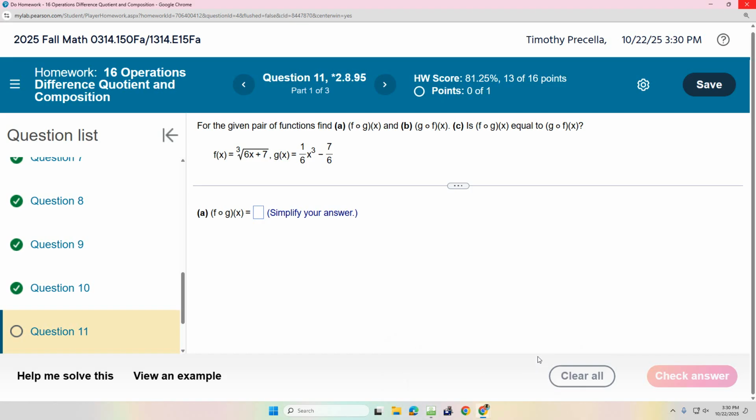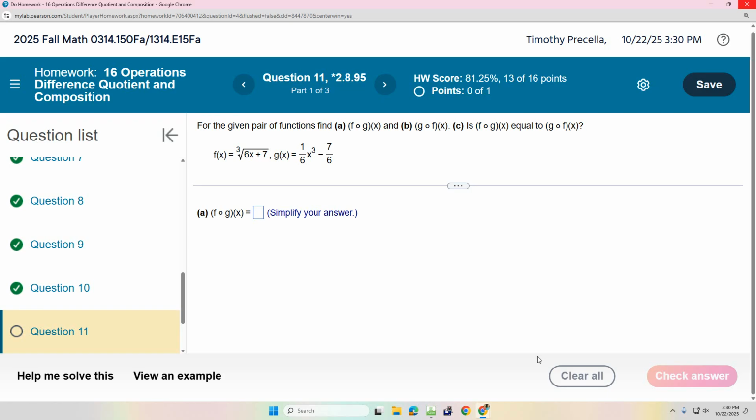f of x is the cube root of 6x plus 7, and g of x is 1/6 x cubed minus 7/6.